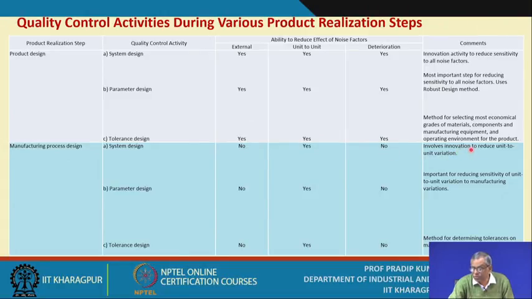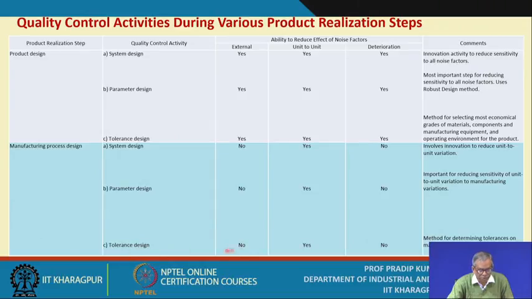So it involves innovation to reduce unit to unit variation only. Similarly, at the parameter design stage, against external noise factors there are no countermeasures. For unit to unit variation there will be some countermeasures, but against product deterioration there is no countermeasure. It is important for reducing sensitivity of unit to unit variation to manufacturing variations.